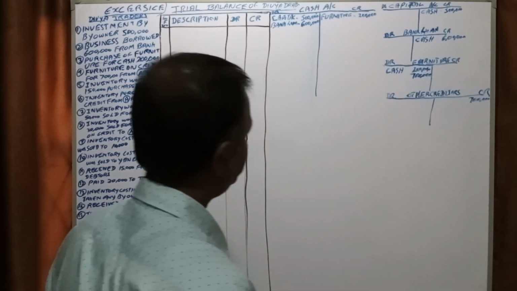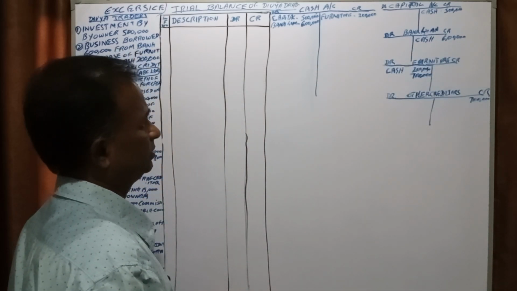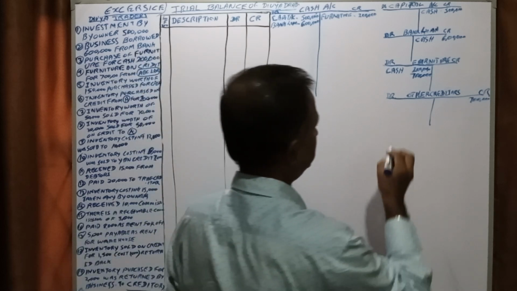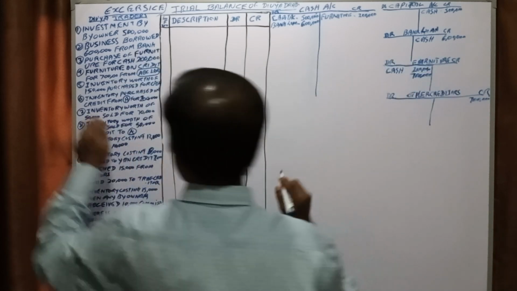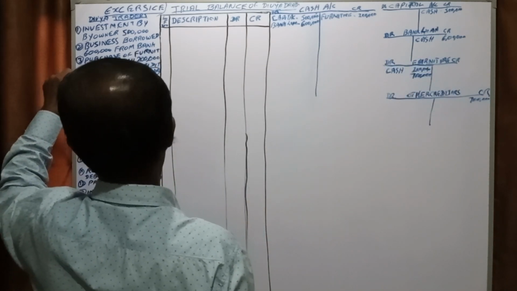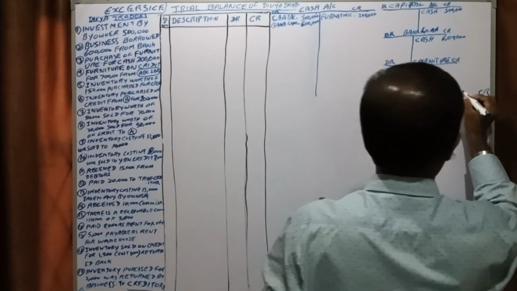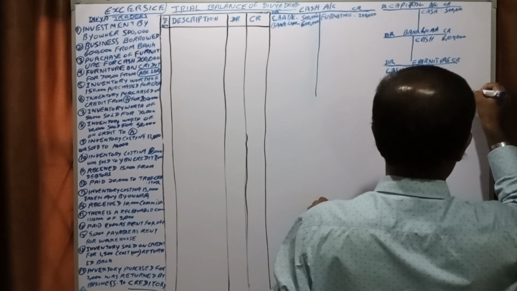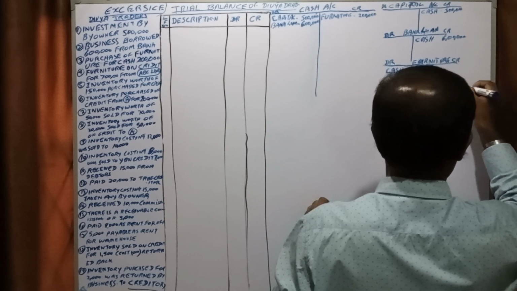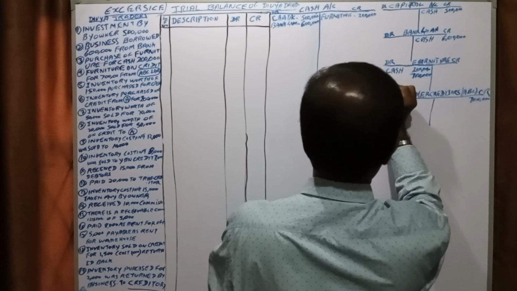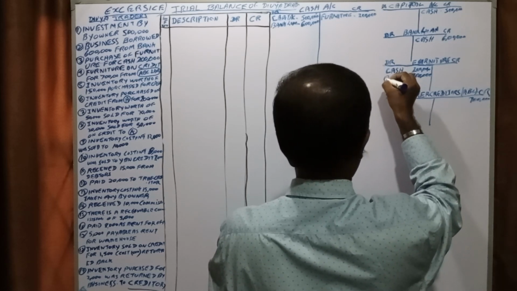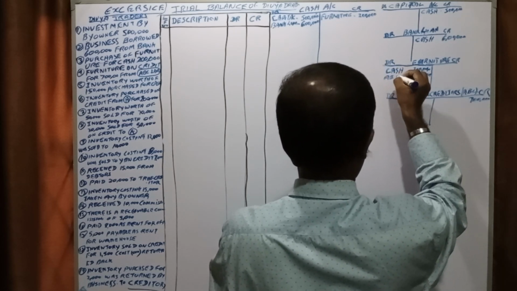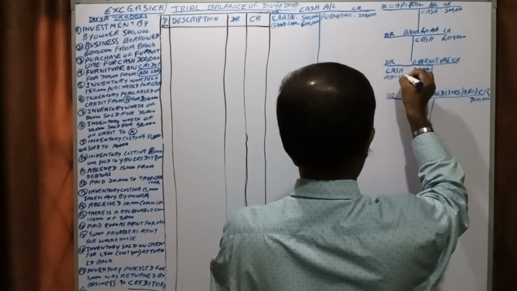Okay, other creditors. So here you will say other creditors, ABC Limited. Okay, this is ABC Limited. Here we will say ABC account.